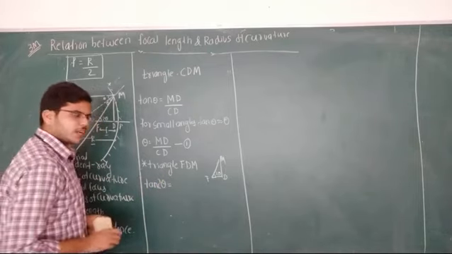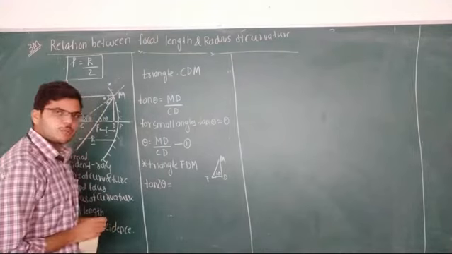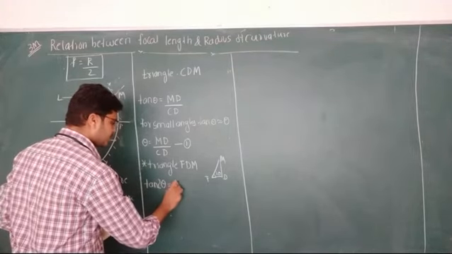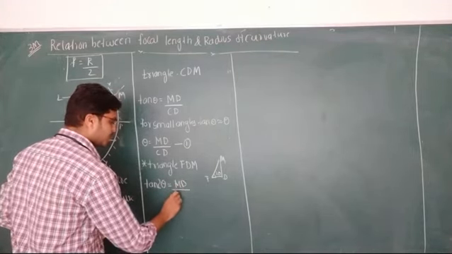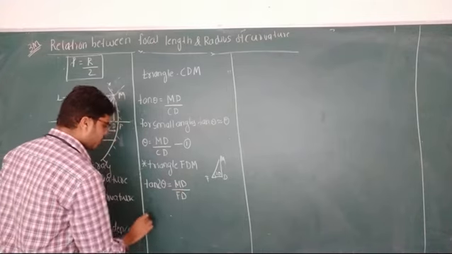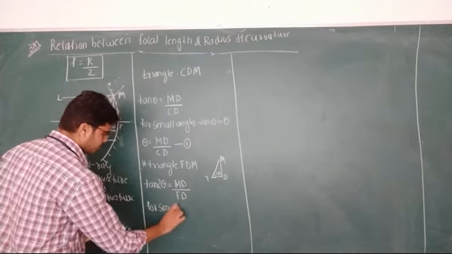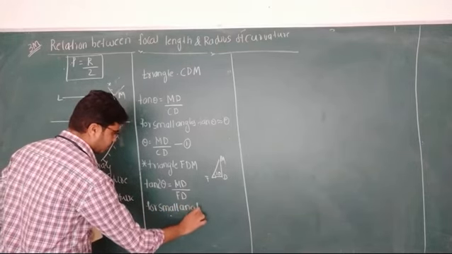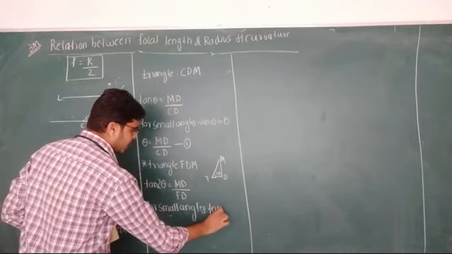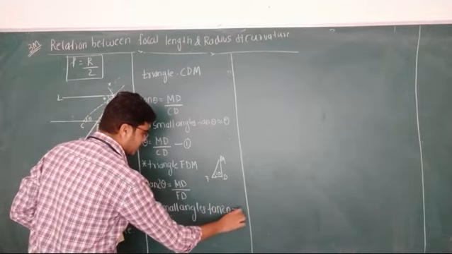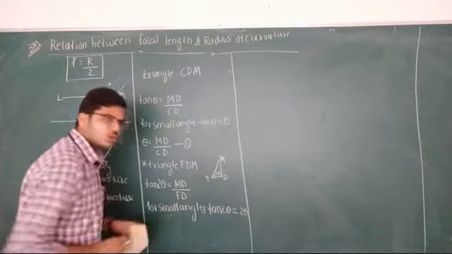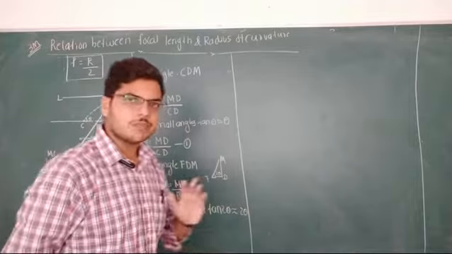Now it becomes tan 2 theta. Again, tan is equal to opposite divided by adjacent, that is MD divided by FD. For small angles, tan 2 theta is nearly equal to 2 theta.